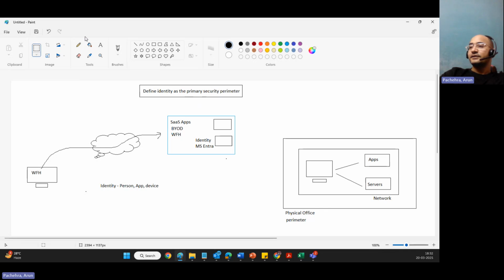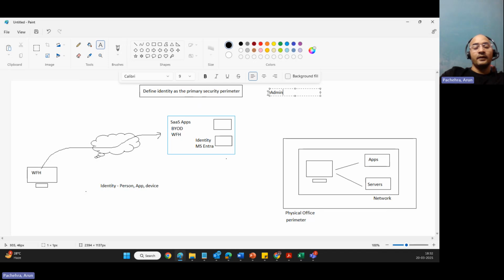The very first thing is administration. Let me call out all of them: authentication, authorization, and auditing. What are these? These make up a well-structured identity infrastructure.